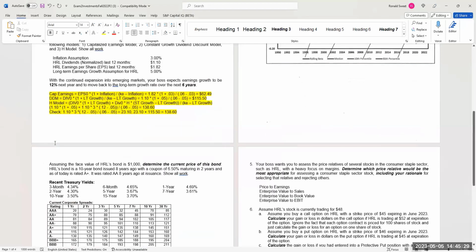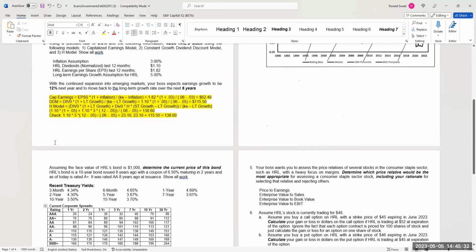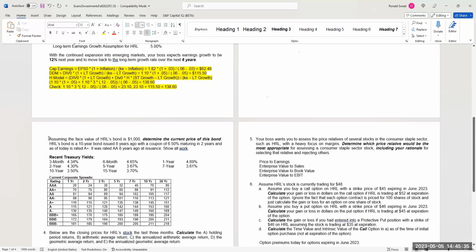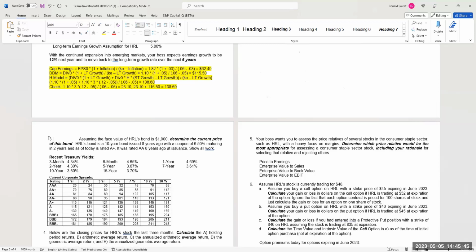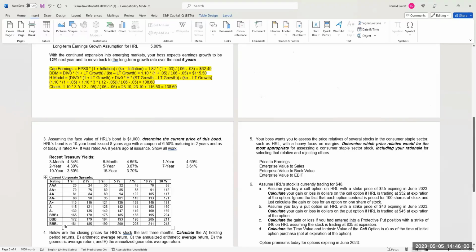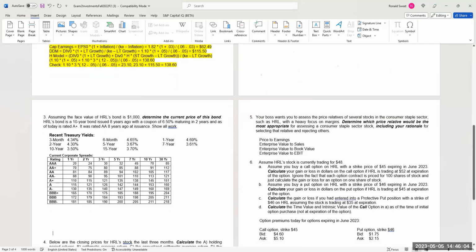Question 3. We're going to do the bond. To do the bond, we're going to start off with the discount rate, KD, equals the risk-free rate plus the spread.